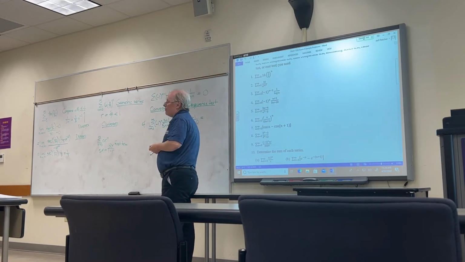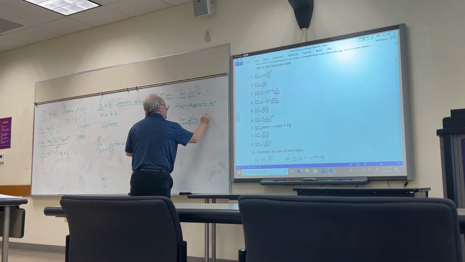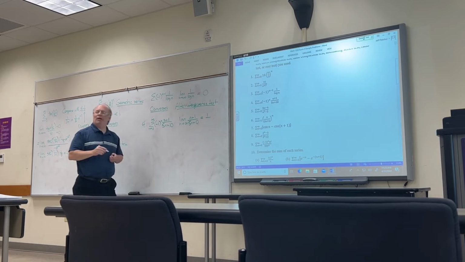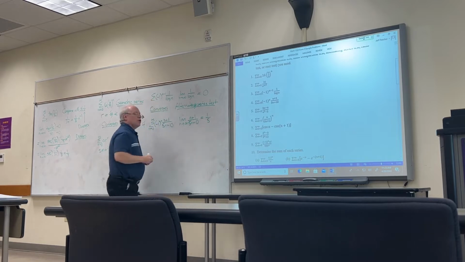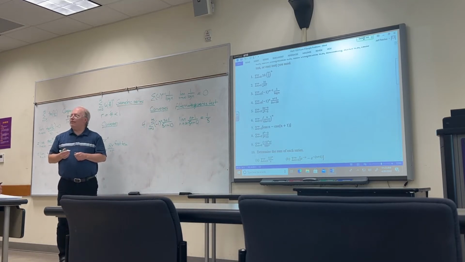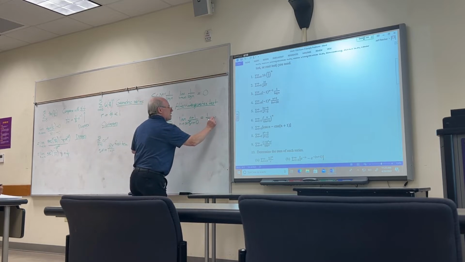The derivative of n plus 1 is 1, and the derivative of 5n plus 10 is 5. So the limit is 1/5. What does that tell us? It diverges, because that limit is not 0.